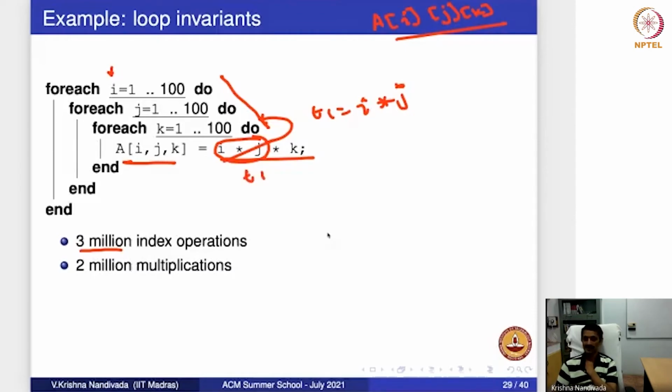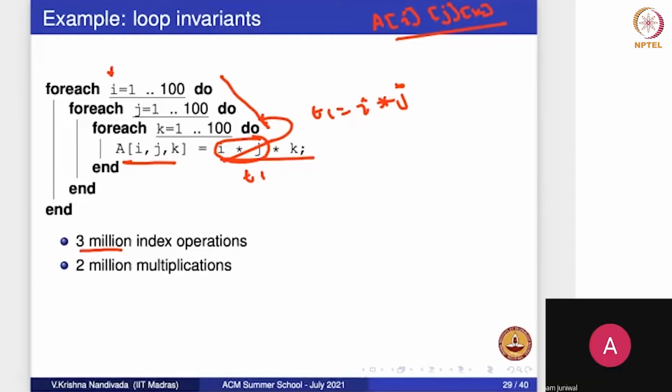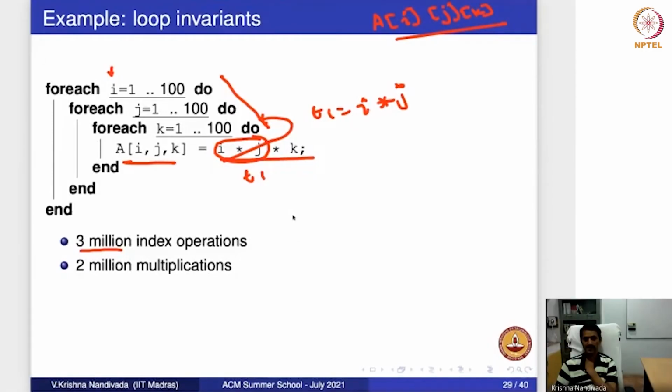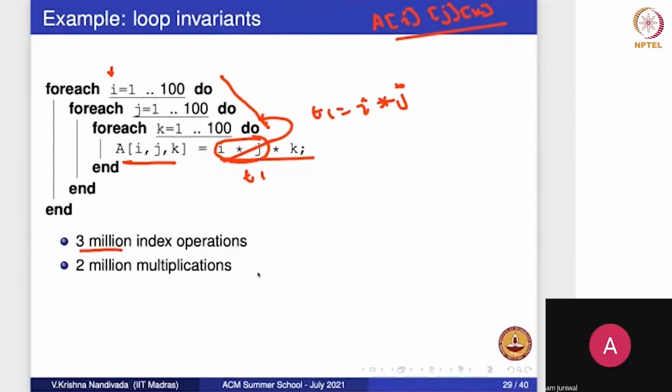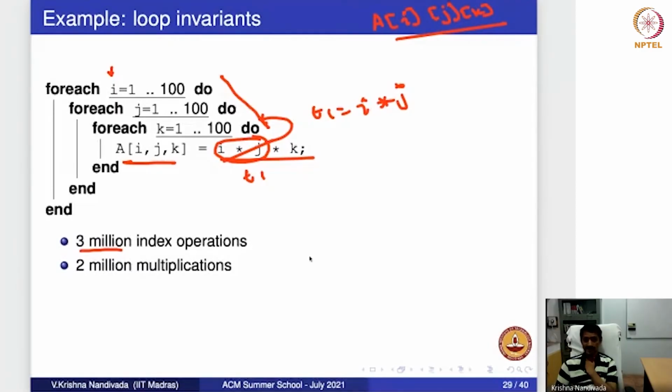How many multiplications will it be then? 1,010,000. 1 million and 10,000. So by this, the number of multiplications has come down from 2 million to 1 million 10,000.